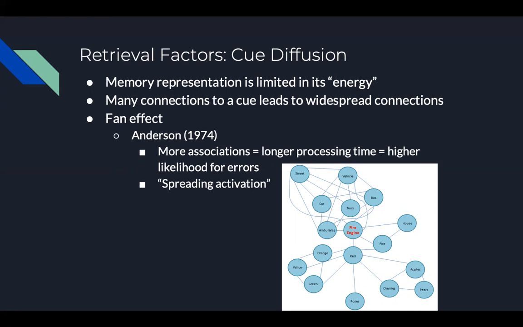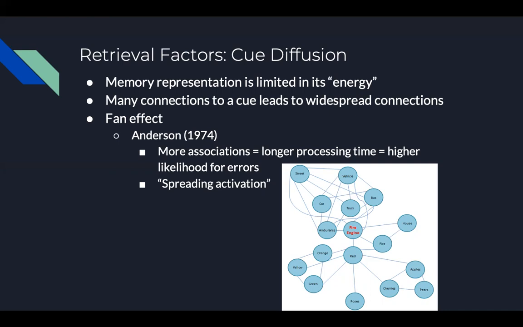And so the idea here is that if a cue has a lot of different associations, the activation will spread out among the many paths that are associated with it. So essentially, a strong association gets more activation, whereas a weak association gets less. And so it's thought that there's this limited amount of energy to activate this network of associations.